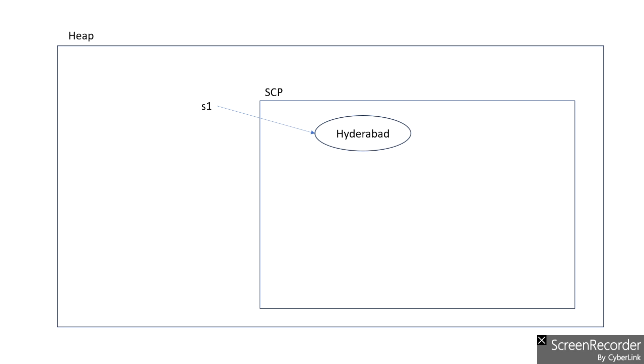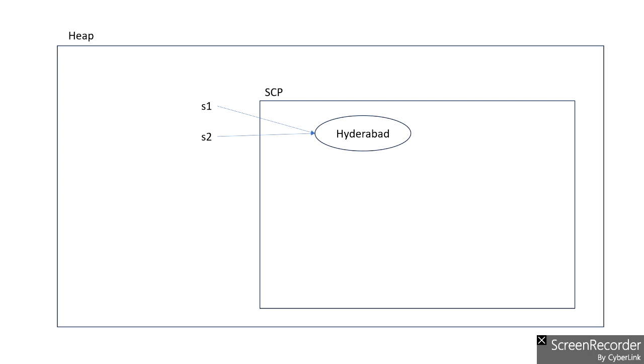For the second user, again he entered Hyderabad. What will happen? We will create another instance of some class object where again we will have a string, some other reference variable S2, which will be pointing to the same Hyderabad object. Instead of creating one more object, we are returning the address of that object to store it in the reference variable. So S2 also will be pointing to the same Hyderabad.